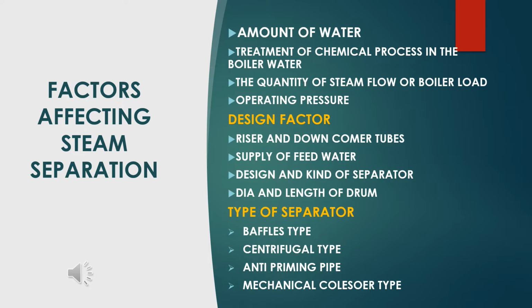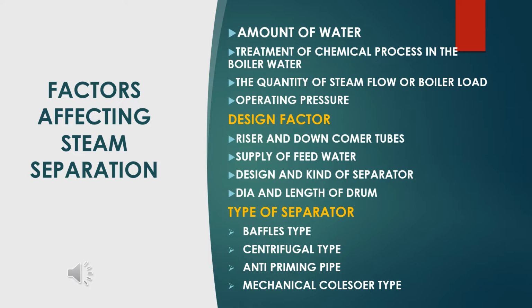Boiler load is a very important parameter in steam purity. If your load has variation, meaning your load is increasing and decreasing, then it will badly affect the steam purity, and the carryover will increase. Operating pressure is also an important factor.